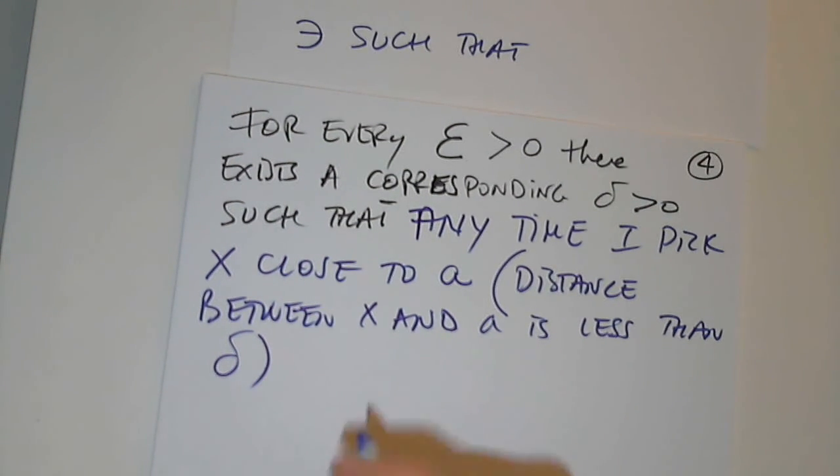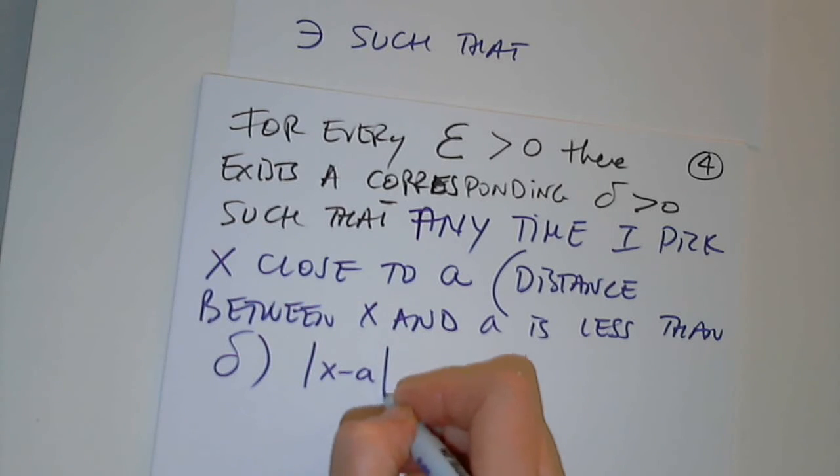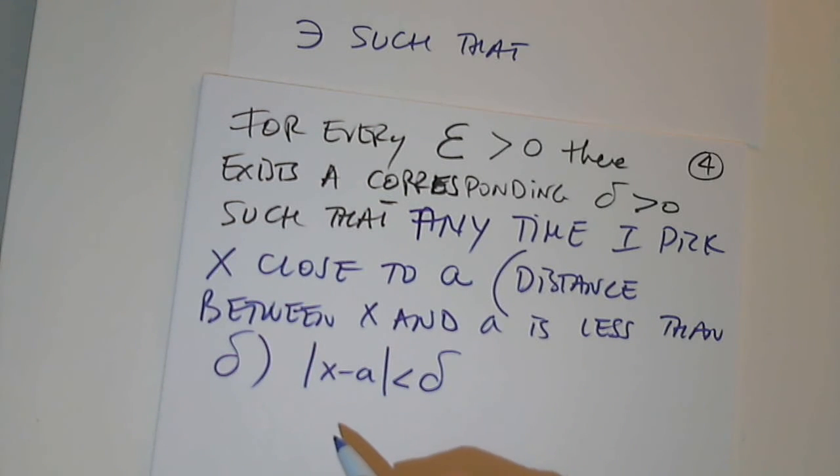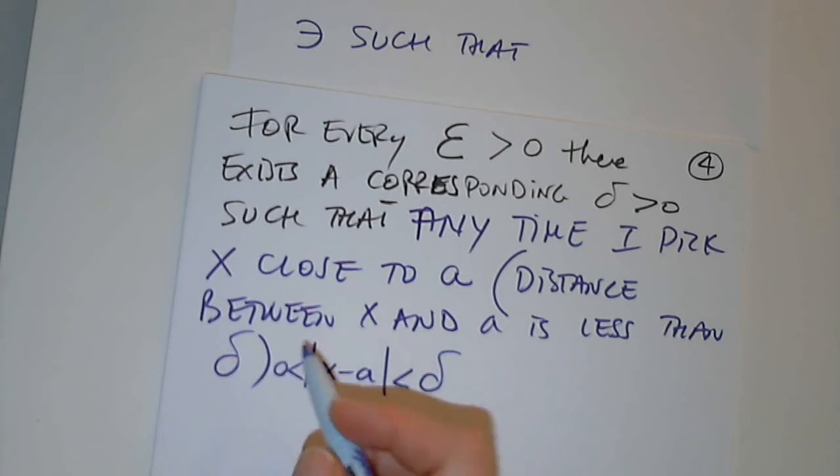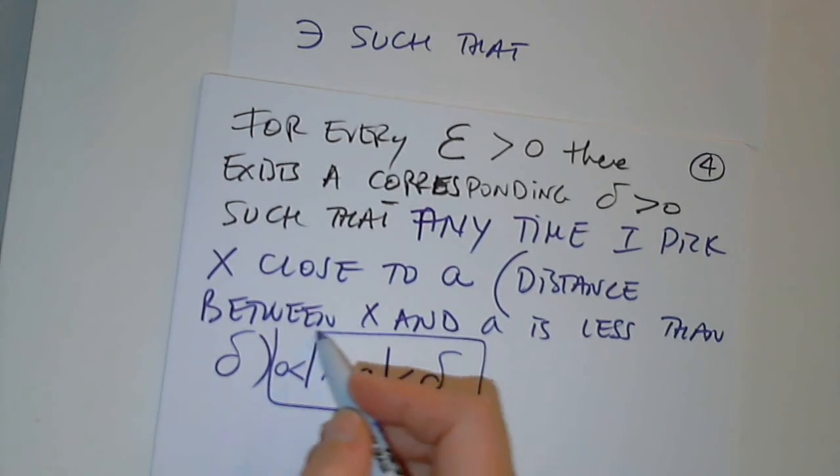And in mathematical terms, we write it as |x − a| < delta. And x does not equal a, so we're going to put on the left-hand side this, greater than 0.